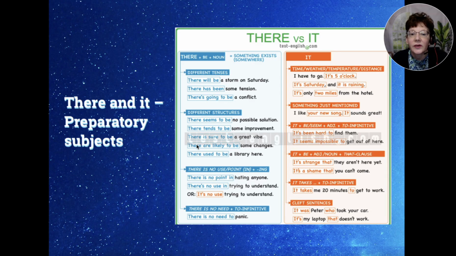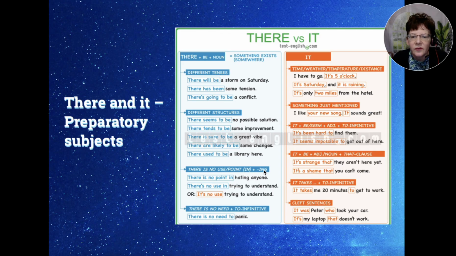So there are different structures with there. For example, there seems to be no possible solution. There tends to be some improvement. There is sure to be, like, a great vibe, for example. There are likely to be, there used to be, things like that. We can also say there is no use or point in plus an ing verb.